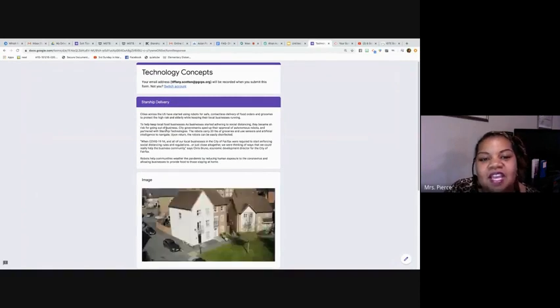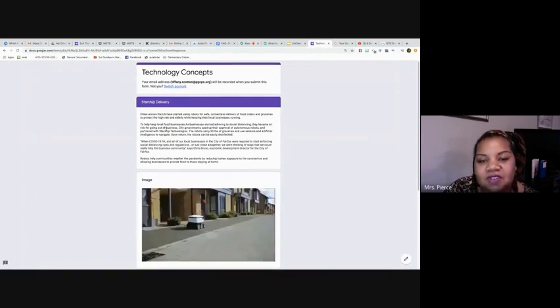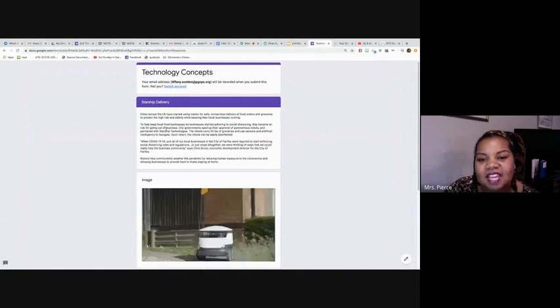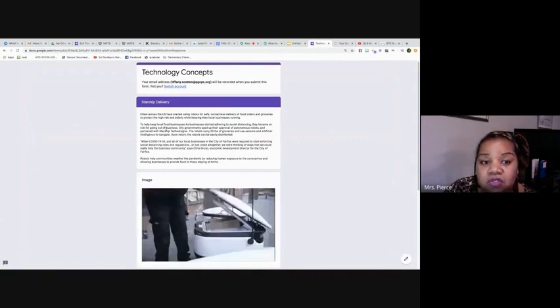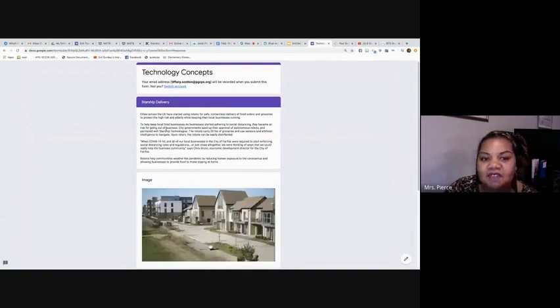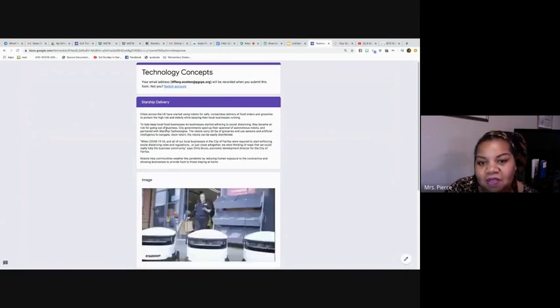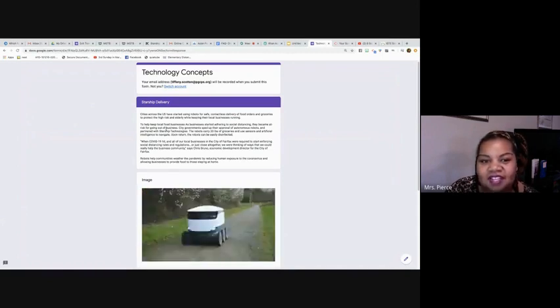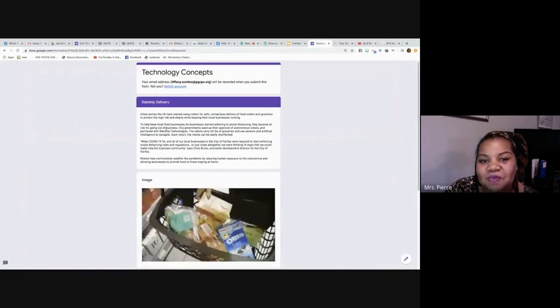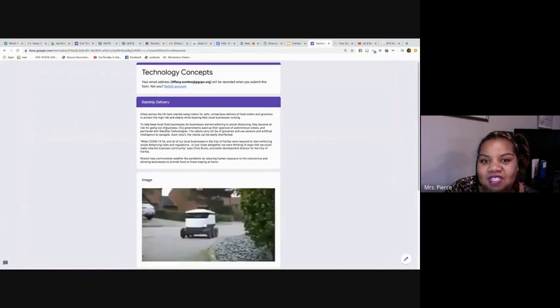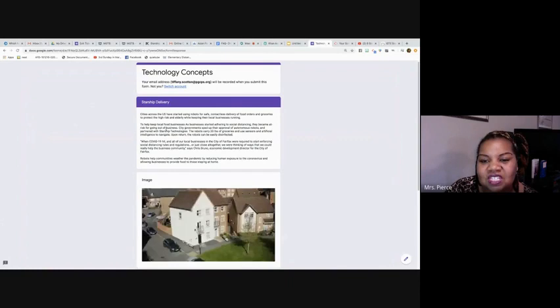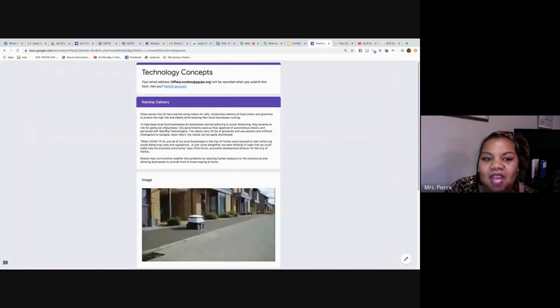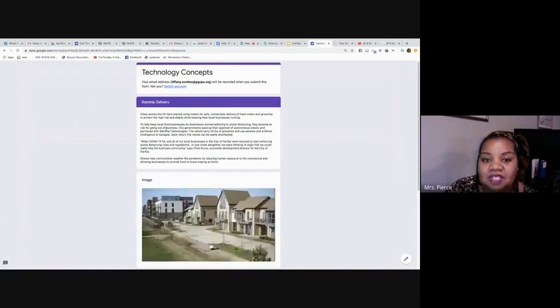Starship Delivery. Cities across the U.S. have started using robots for safe, contactless delivery of food orders and groceries to protect the high-risk and elderly while keeping their local businesses running. To help keep local food businesses going as businesses started adhering to social distancing, they became at risk for going out of business.